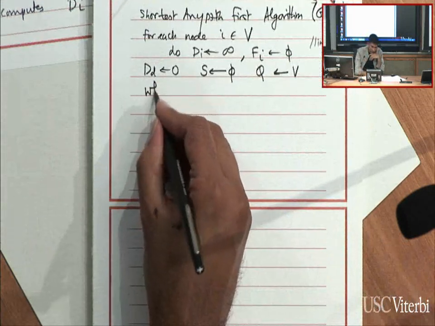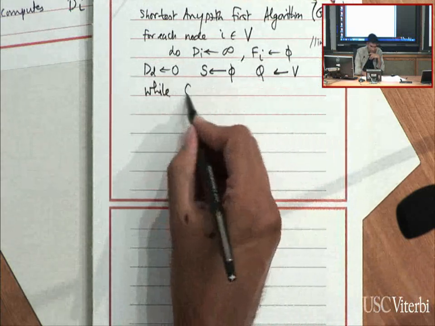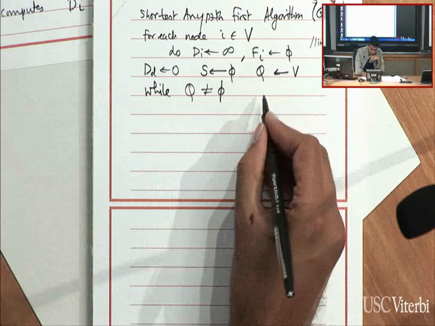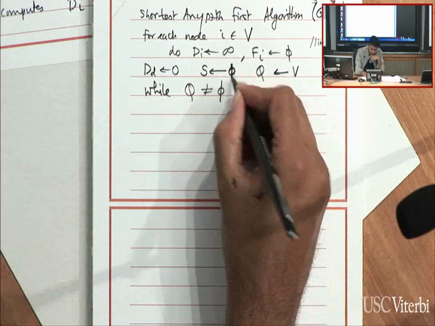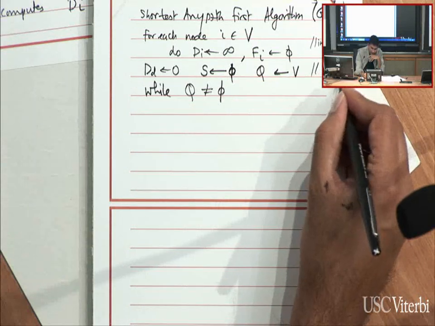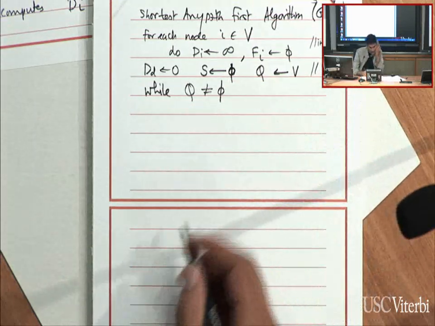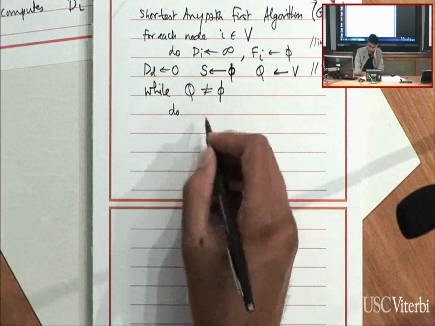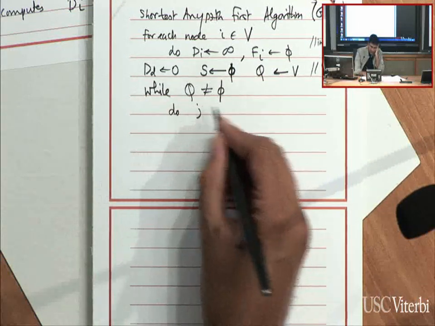So the while loop in the algorithm basically just monitors this Q, and so long as it's not empty, so make sure my notation is sufficiently clear. So here, by phi, we mean the empty set. Okay. So this set Q, so long as it's not empty, we're going to run a routine called extract min.